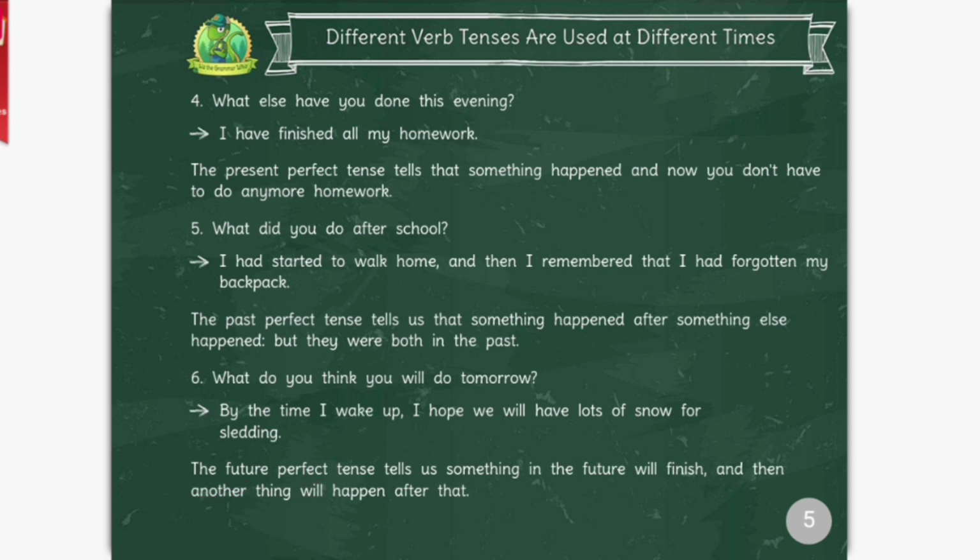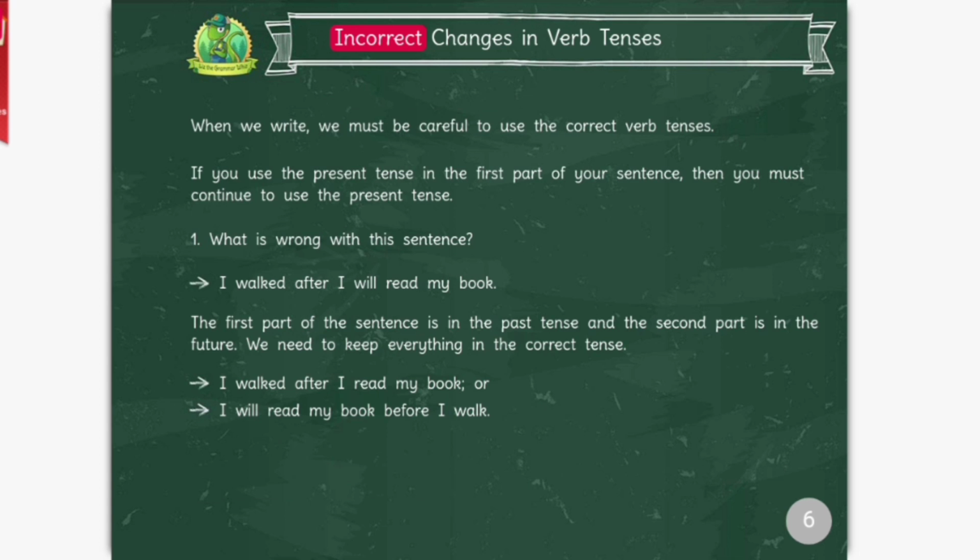Incorrect changes in verb tenses. When we write, we must be careful to use the correct verb tenses. If you use the present tense in the first part of your sentence, then you must continue to use the present tense. 1. What is wrong with this sentence?